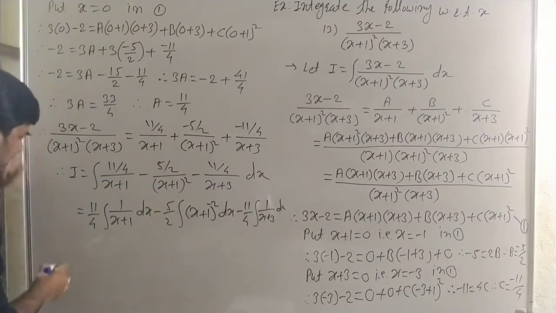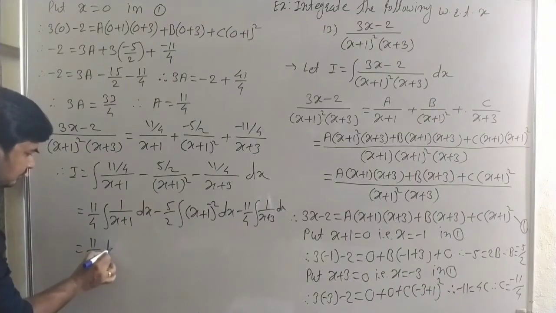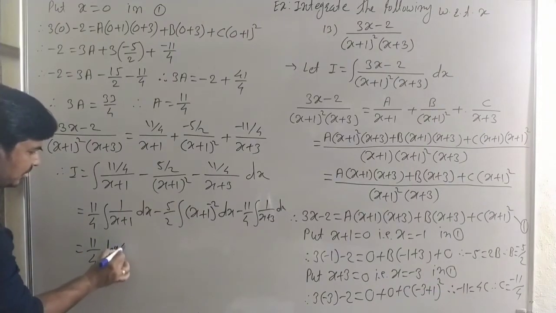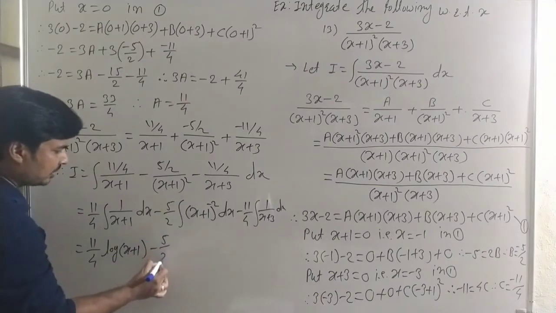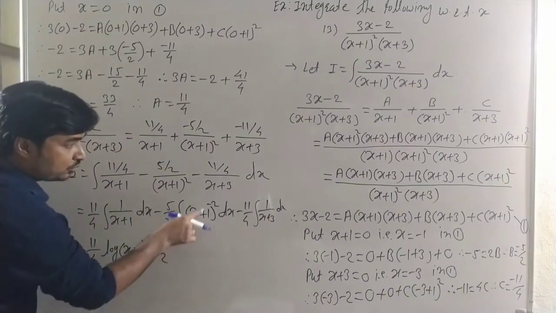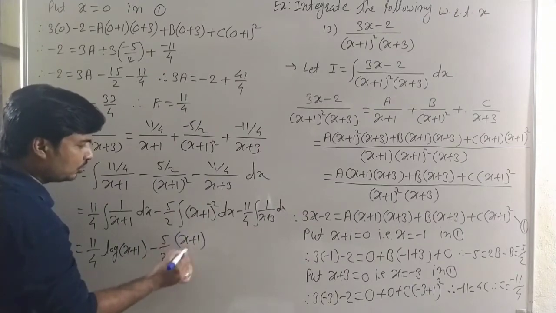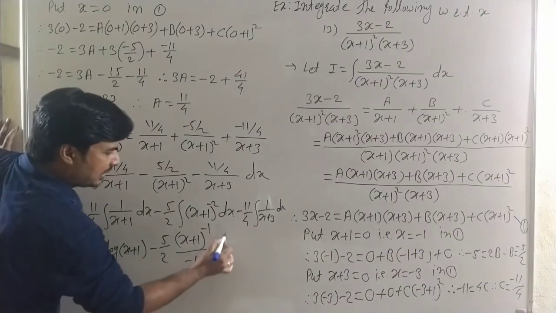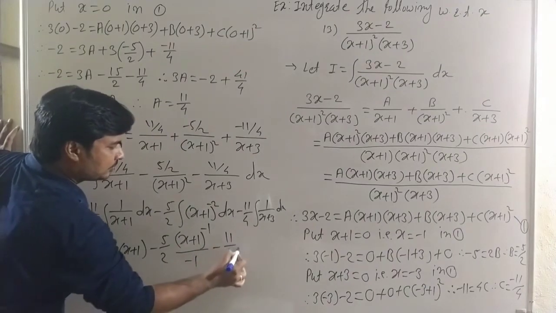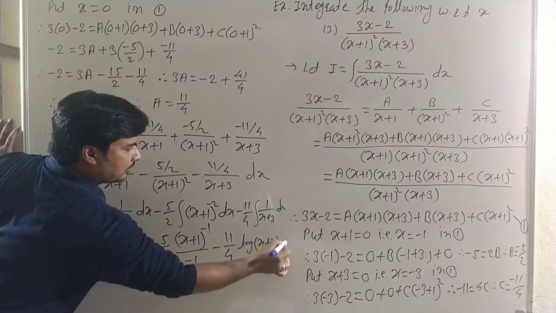Okay, here separate the integral. Now it is 11 by 4 log of x plus 1 minus 5 by 2, here we use x to the power n, that is x plus 1 to the power n plus 1, that is minus 1, upon minus 1, and minus 11 by 4 log of x plus 3 and plus c.